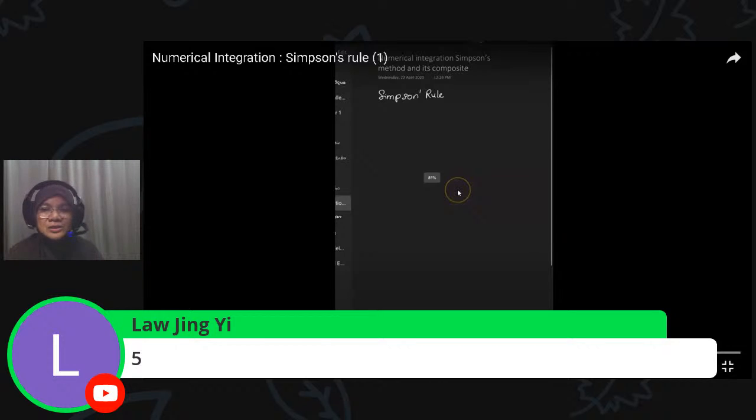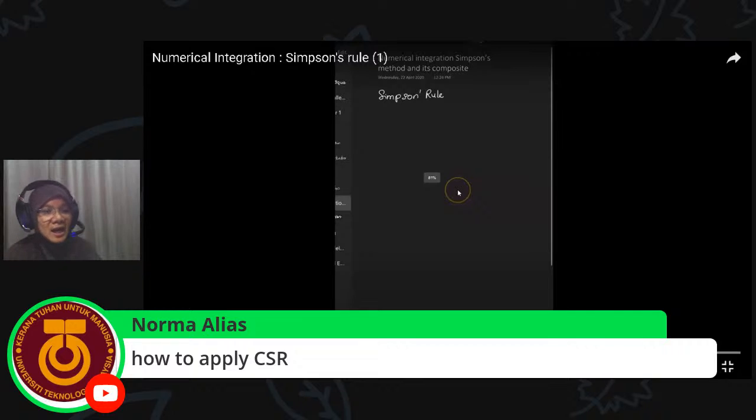So now, my question, how to apply composite Simpson's rule?